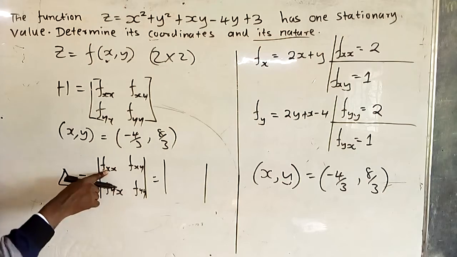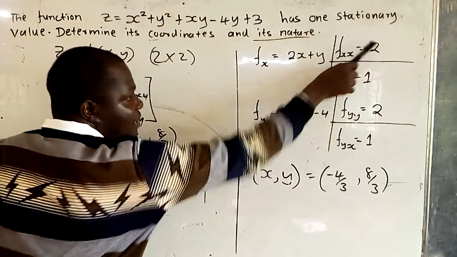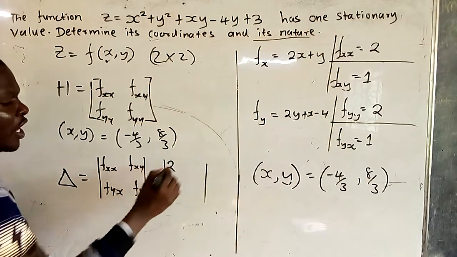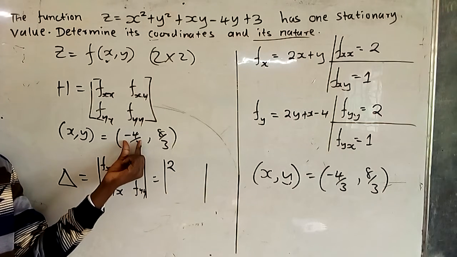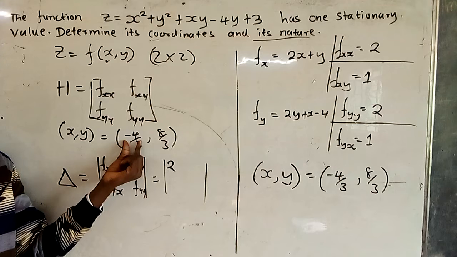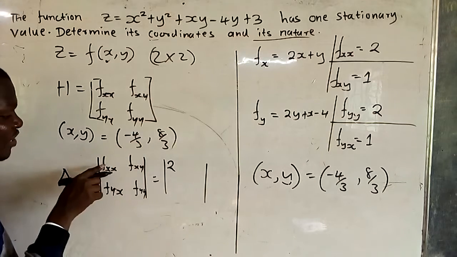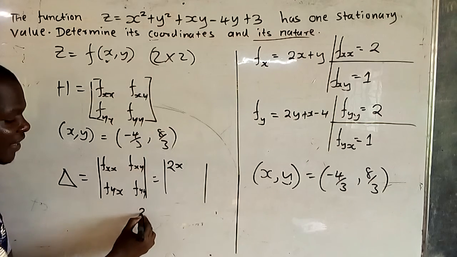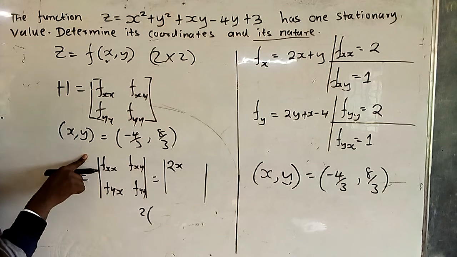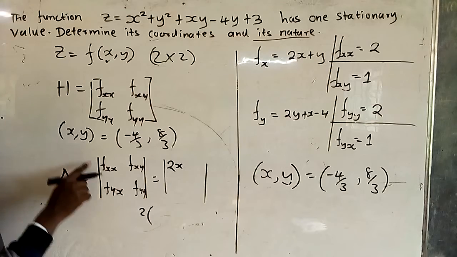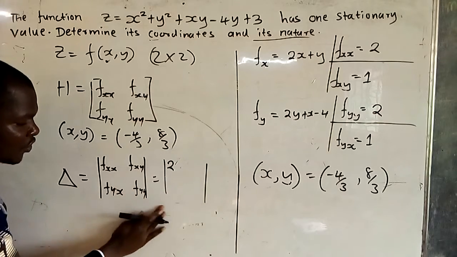What is f of xx? F of xx is 2. If maybe it was 2x, then you would have to substitute the value of x for this point. If for instance f of xx was 2x, it would be 2 times the x value of the point you are looking for the discriminant at.